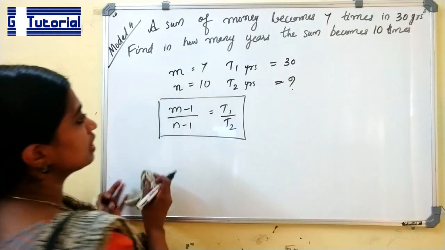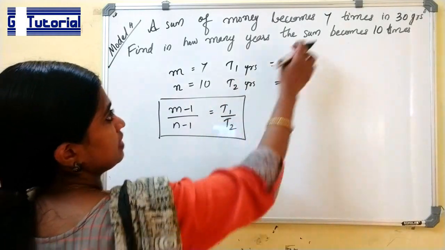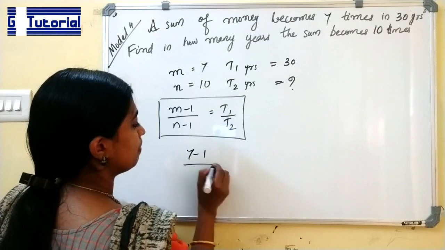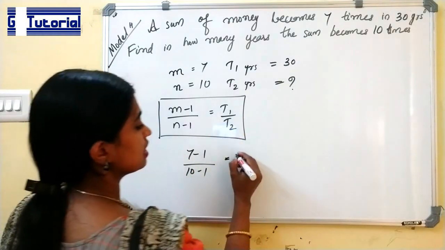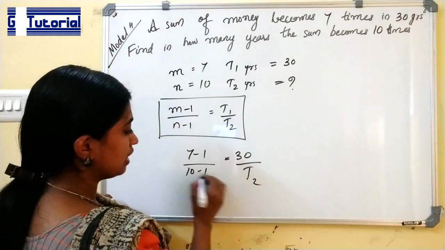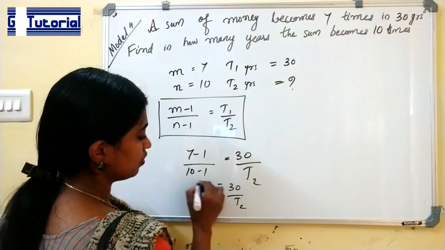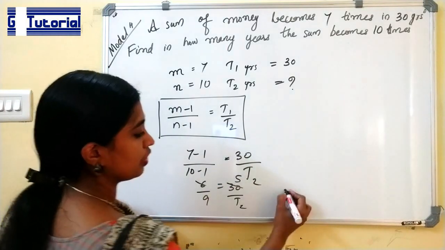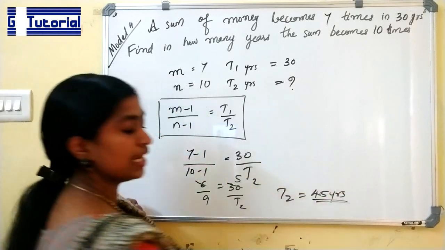We can do the problem using the same formula. m is 7 and n is 10. (7 minus 1) by (10 minus 1) is equal to T1, which is 30 years, by T2, which we have to find. 7 minus 1 is 6, 10 minus 1 is 9. 6 by 9 is 30 by T2. 6 fives are 30, 5 nines are 45. T2 is equal to 45 years. Now we can see the next model problem.